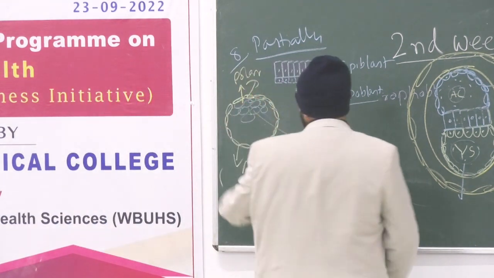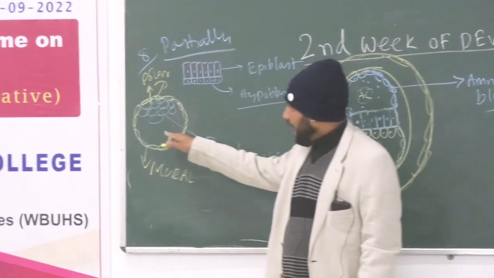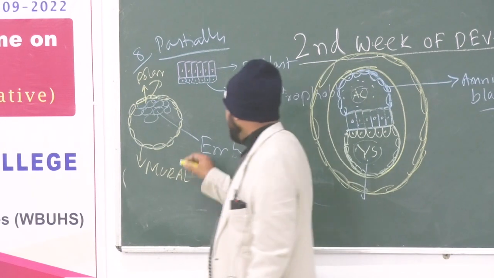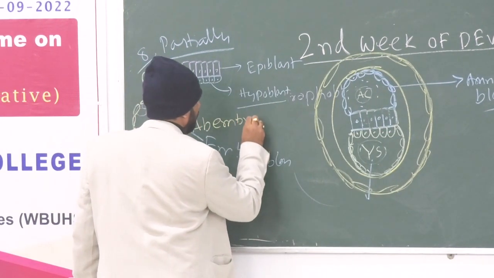Where there is a polar trophoblast, the polarity, so it is the embryonic pole, and it is abembryonic pole.